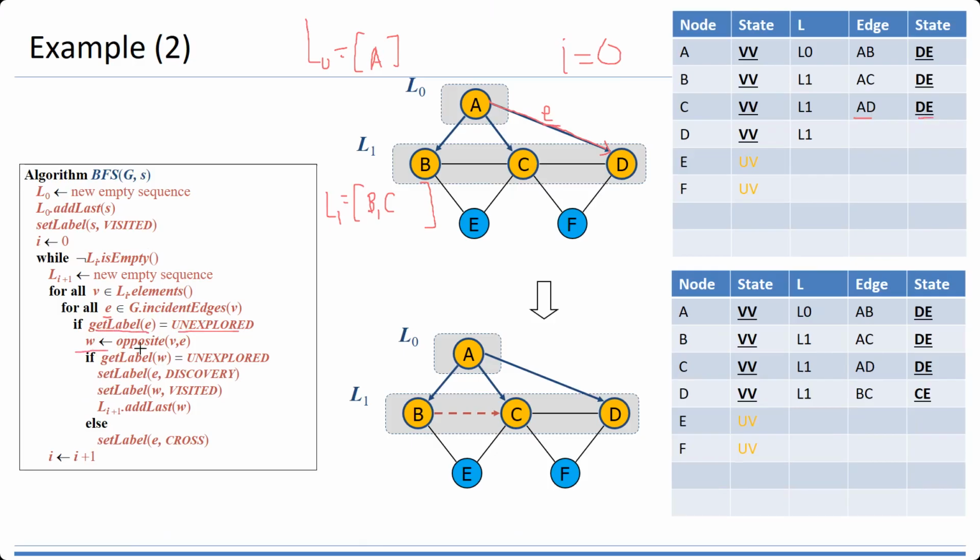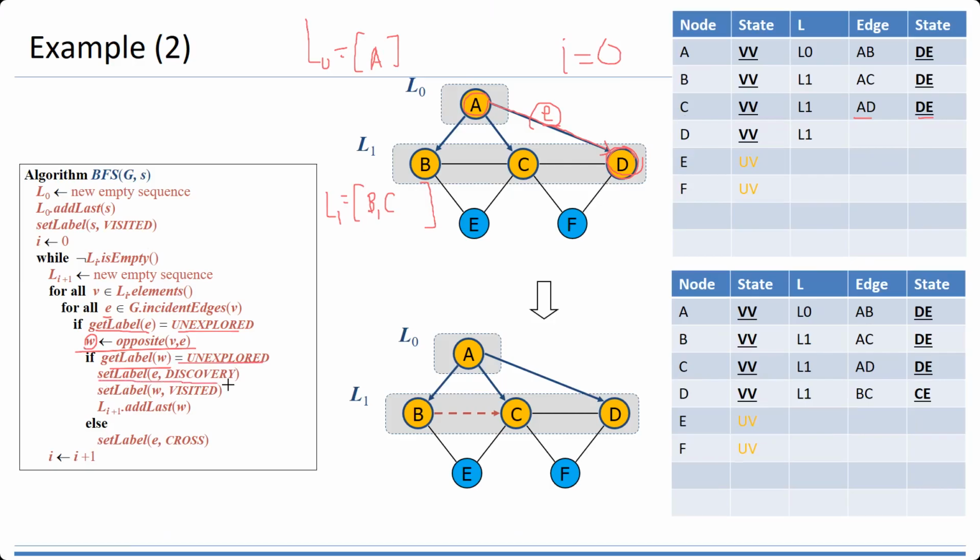Then we check the opposite of V via E, which is D. Then W is D, and we get the label of D. Originally it is unexplored, yes, it is true.